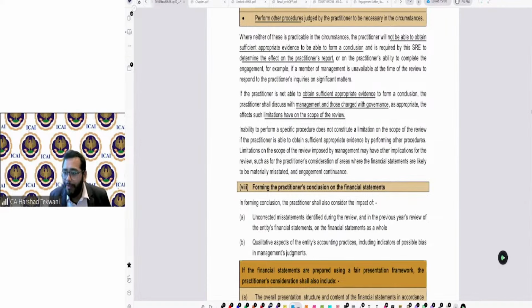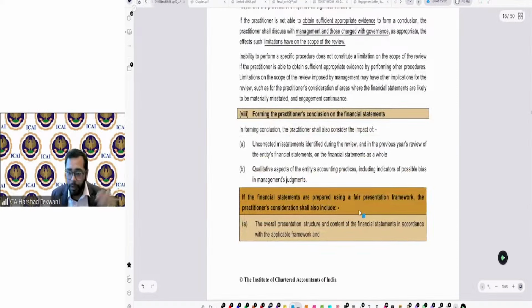So what we were discussing now is forming an opinion. The opinion part is pretty much based on what we have discussed till now. When I talk about forming an opinion, based on my evaluation of the misstatements, I need to form an opinion. First, I need to understand whether my financial statements adequately refer to or describe the applicable financial reporting framework: the overall structure and content of the financial statements are as per the framework or not.